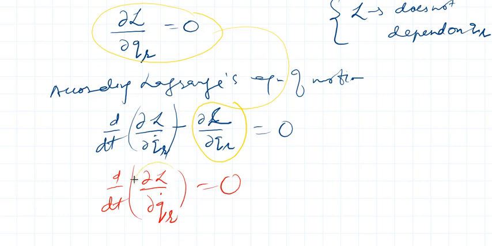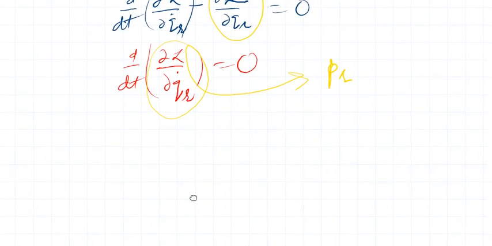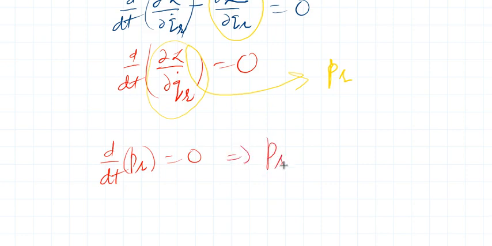But what is it? It is the canonical momentum, it is Pr. So that means d upon dt of Pr is equal to 0, which implies that Pr is a constant of motion.